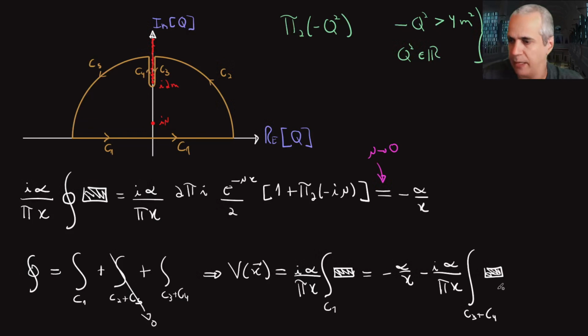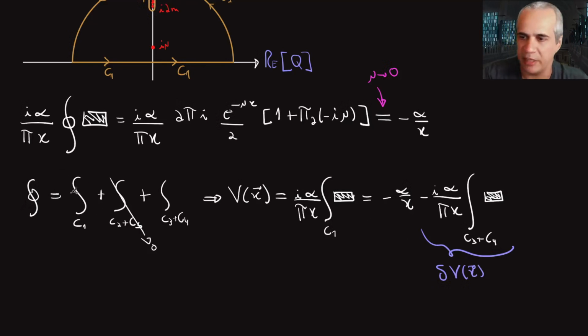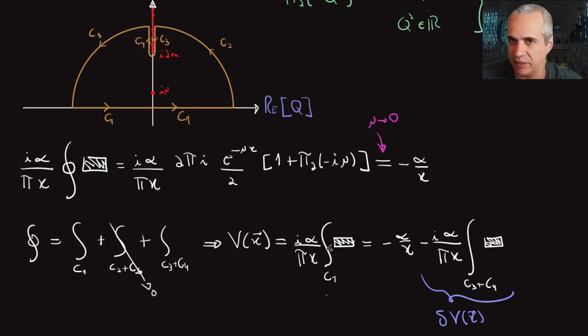And I can call this last piece the correction to the potential, because again, I'm finding that I have a Coulomb potential plus a new piece. And this new piece, it's important to see, is coming from that branch cut right there.